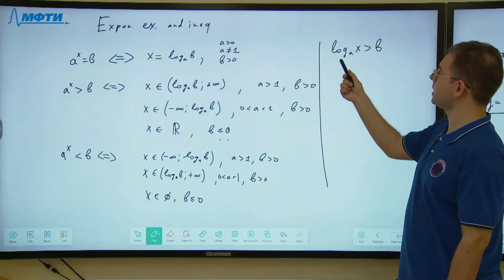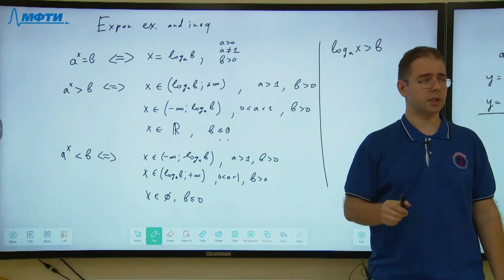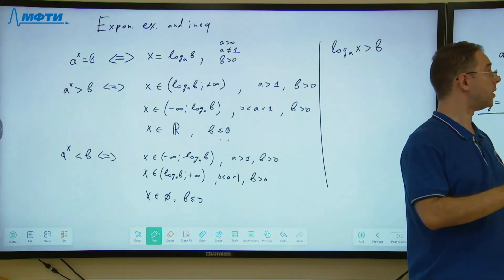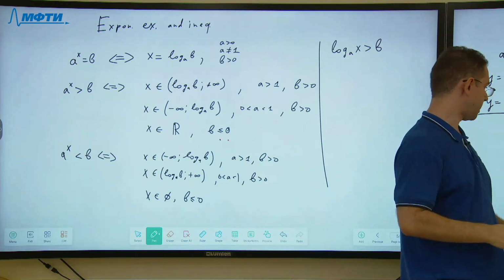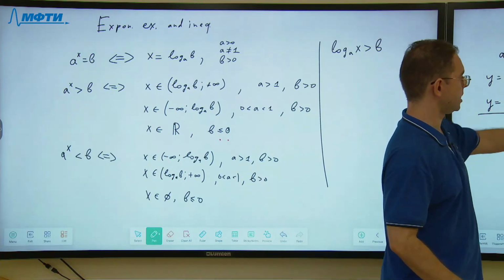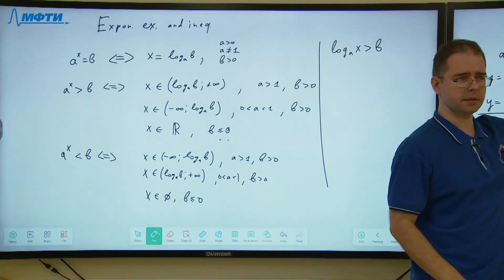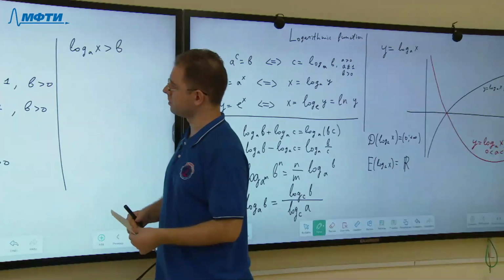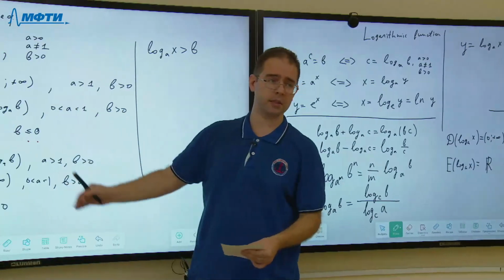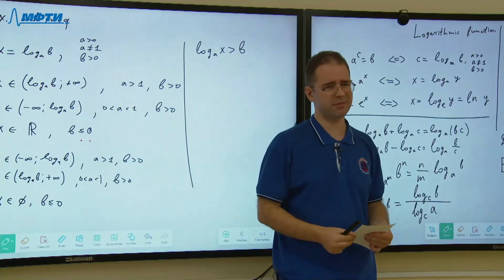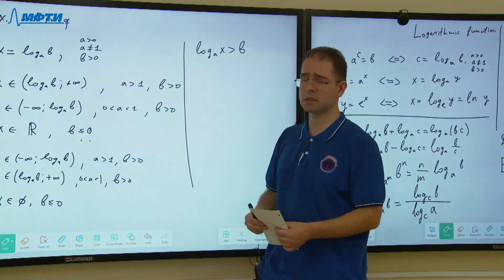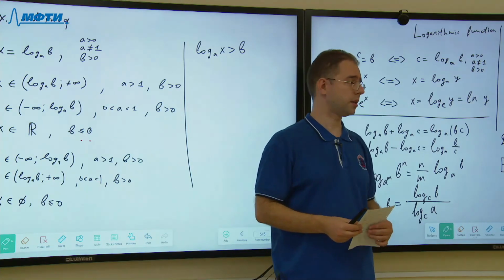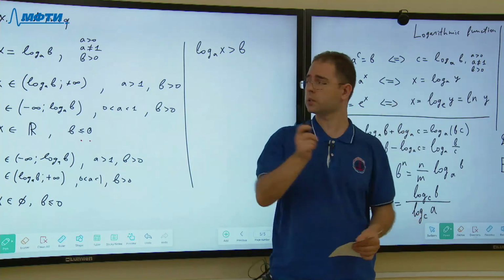This inequality is solved just by using the properties of the logarithmic function, properties like increasing, decreasing, stuff like this. There are more cases than is practical to write them all down, and I don't think it needs to be done. Just by using the properties of a function, we will be solving this inequality.